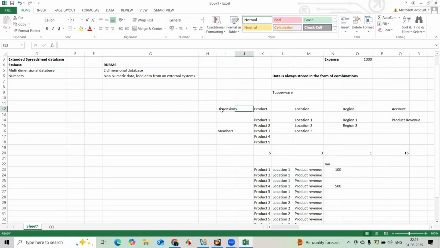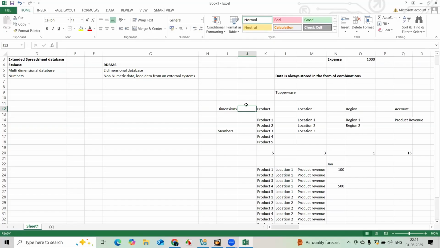Since one company has multiple dimensions, it is not only restricted to two dimensions. So this Essbase is termed as a multi-dimensional database, and data is always stored in the form of combinations.